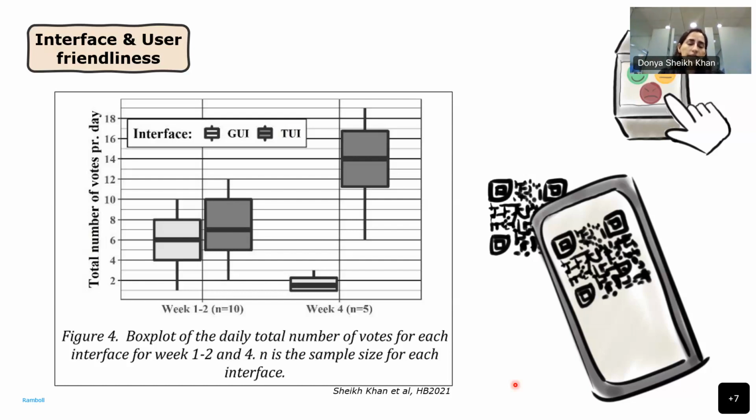And those people we especially studied didn't use their phone as much, so that's why we saw that the more accessible device received more votes.